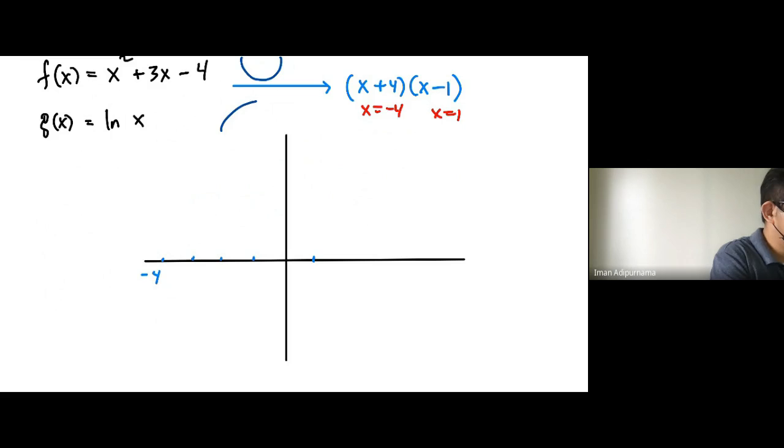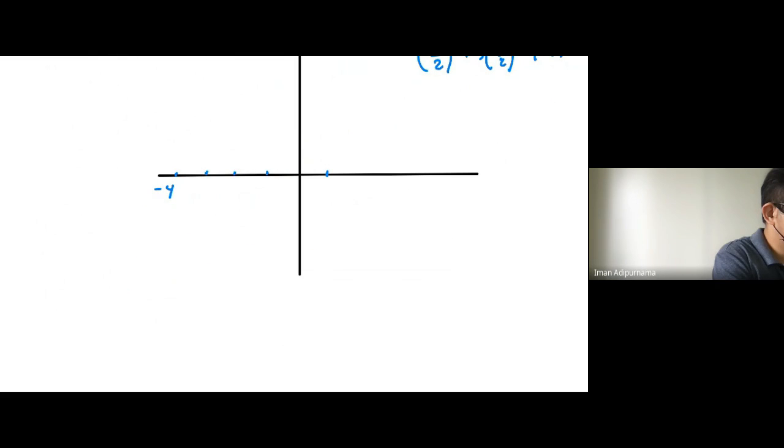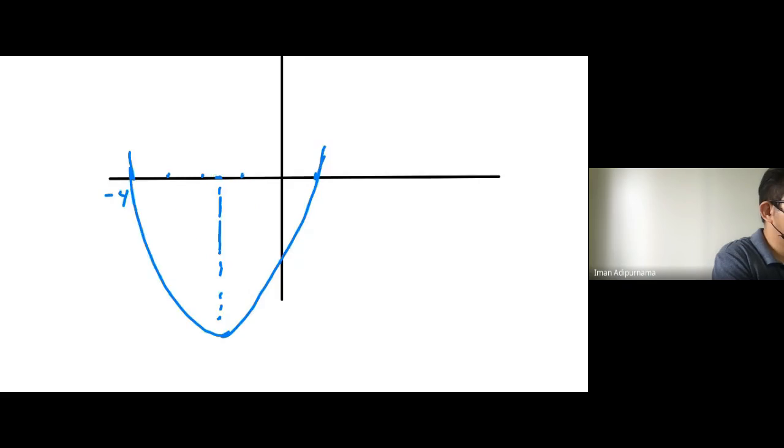And if you look at the extreme point, it will be around -3 over 2. If you want to take some value, I believe the value will be negative, around here. Let me just draw. Okay, for example, this is our drawing.